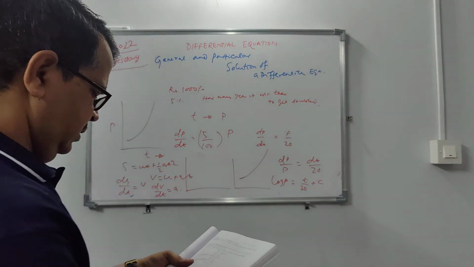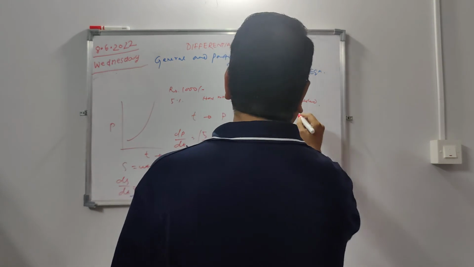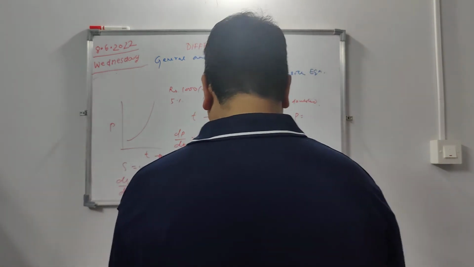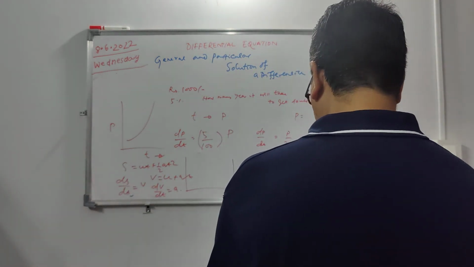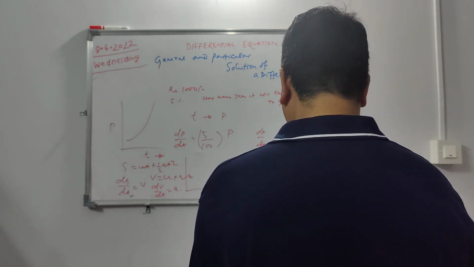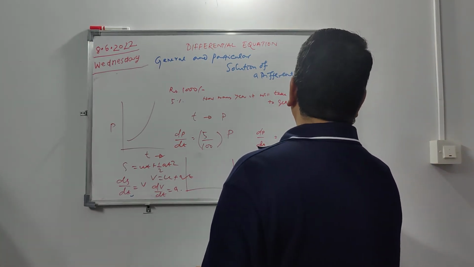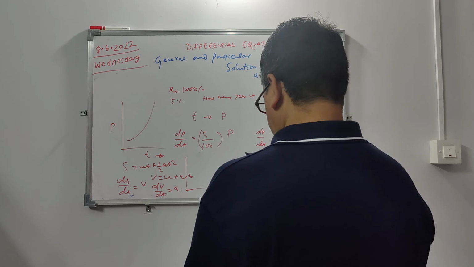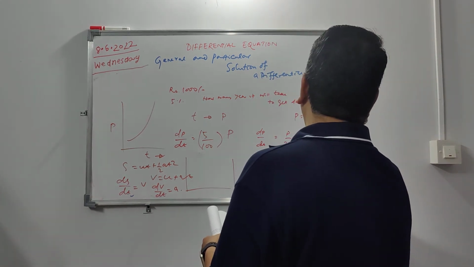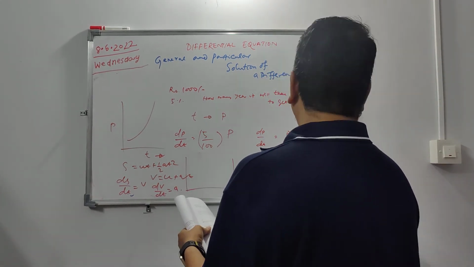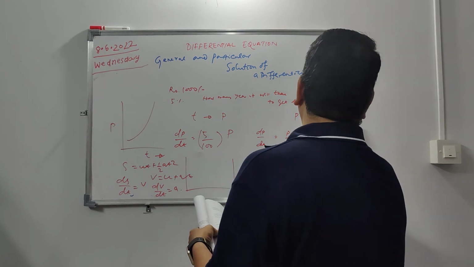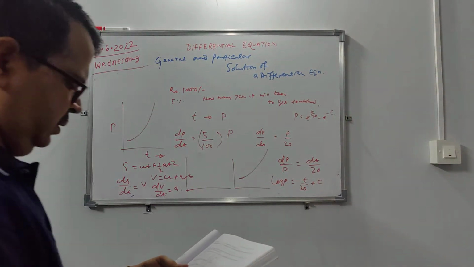Then if you solve it, p is equal to e to the power t by 20 times e to the power c1, right? This is antilog.